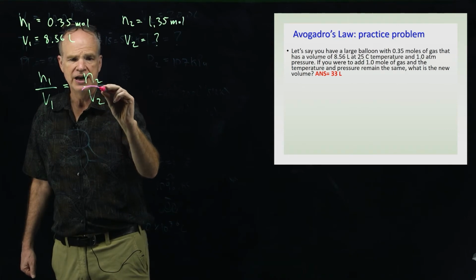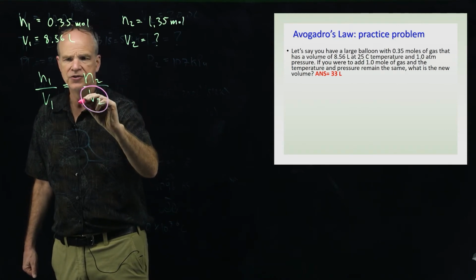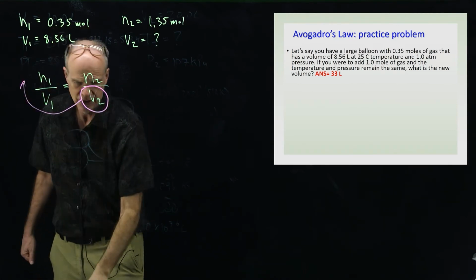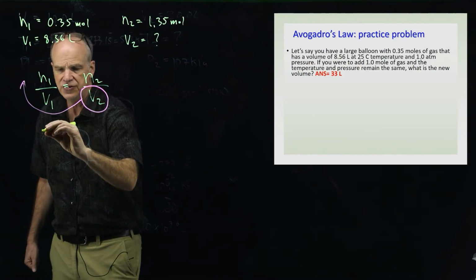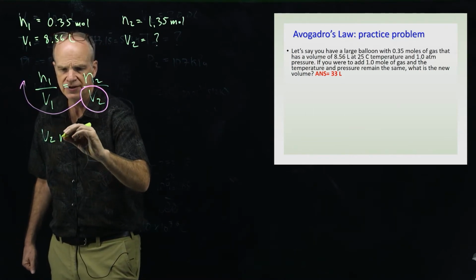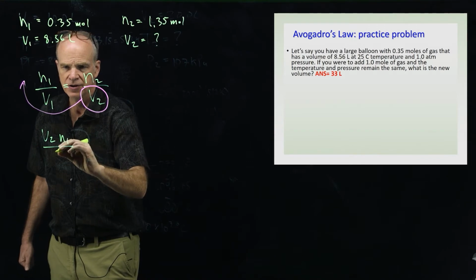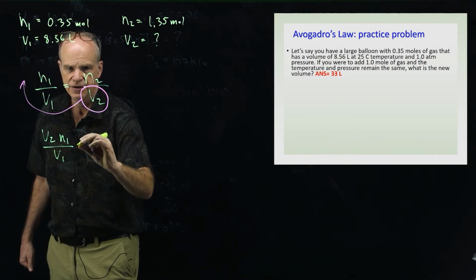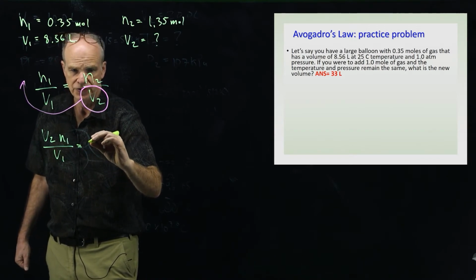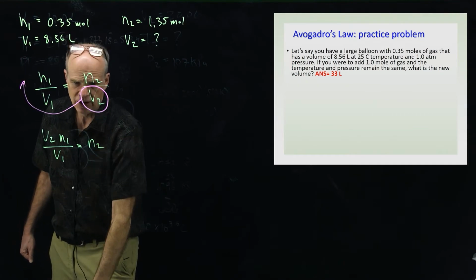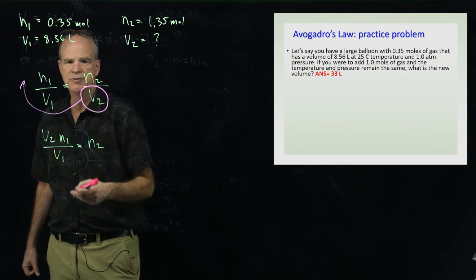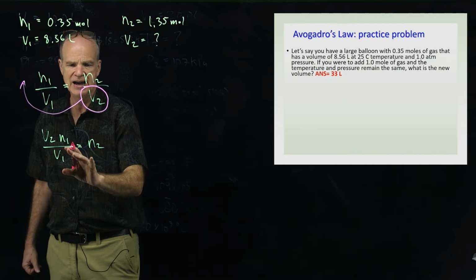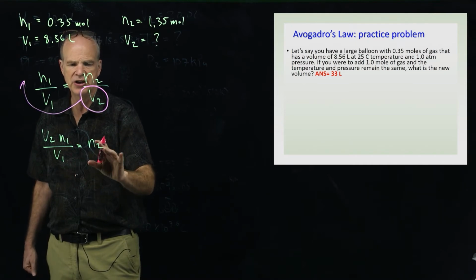And so what you can do is solve this equation for V2. So to do that, I'm going to move V2 to the other side of the equal sign here. And so I have V2 is equal to N1 over V1 is equal to N2. And so I need to get V2 by itself. And so to do that, I have to move N1 and V1 to the other side of the equal sign.